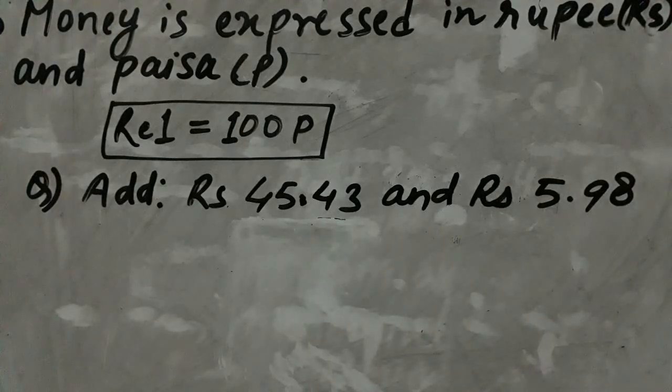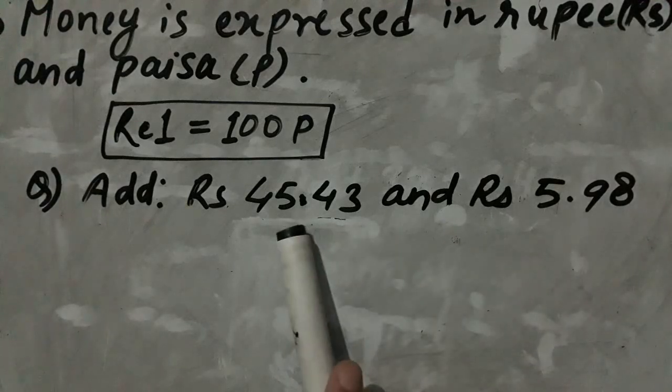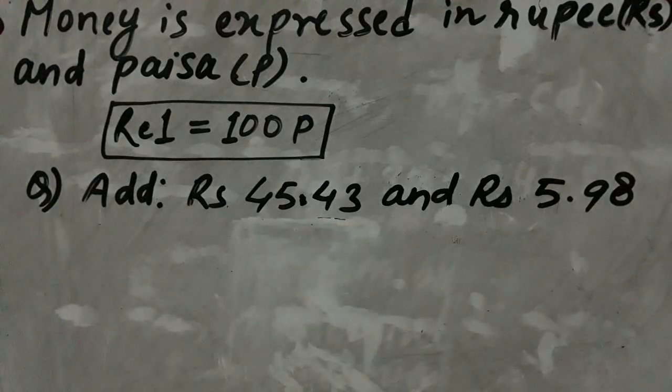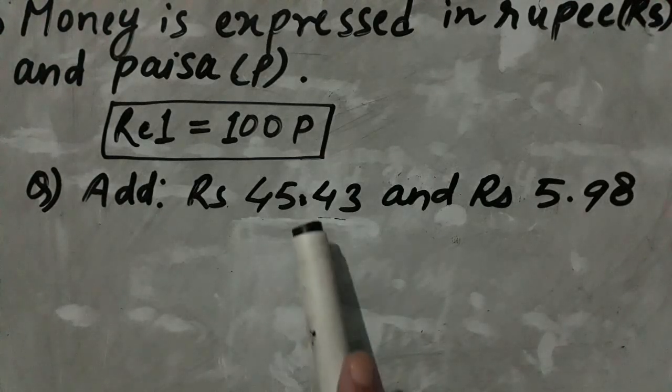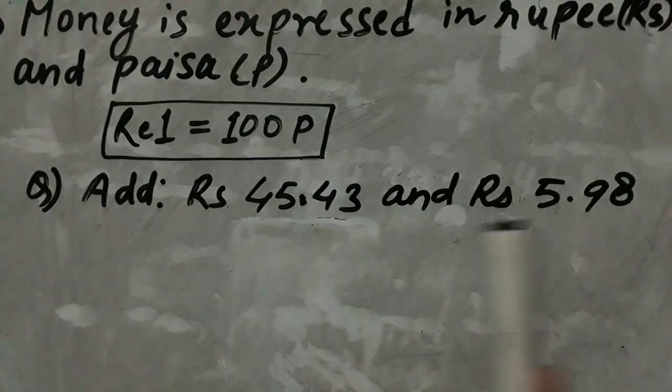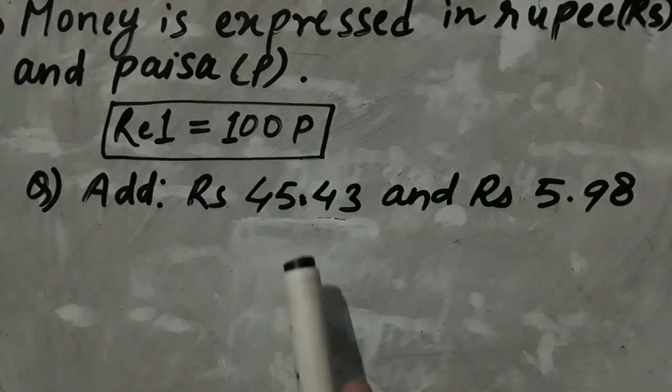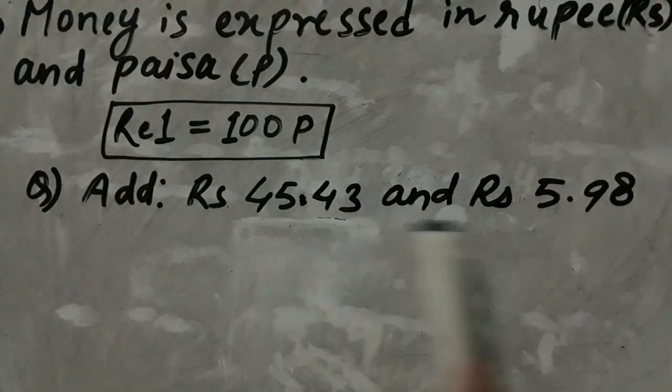While performing the addition of decimal, while arranging these two numbers, you need to arrange them in a vertical column, and decimal should be straight. We should line up this decimal in a straight way.